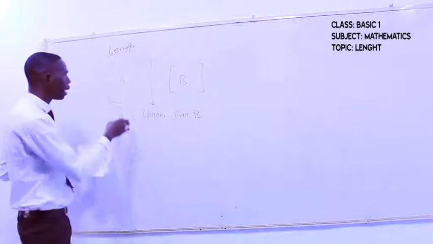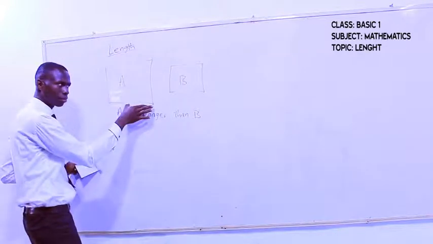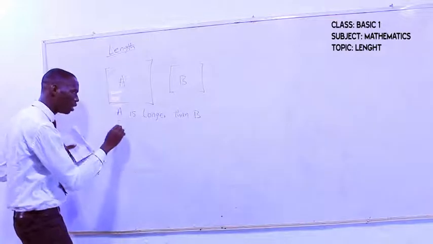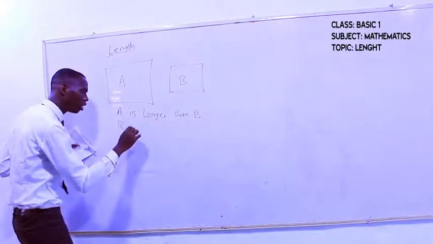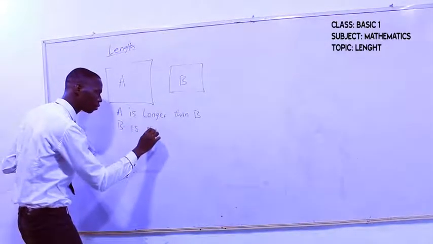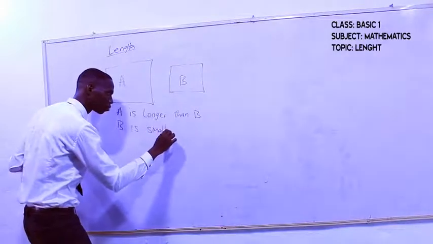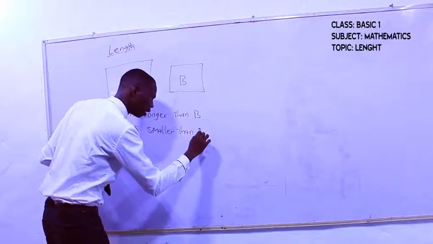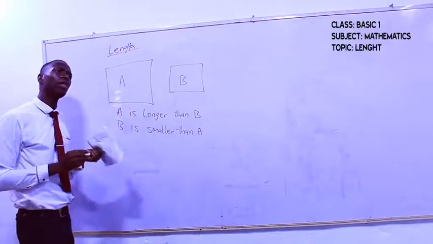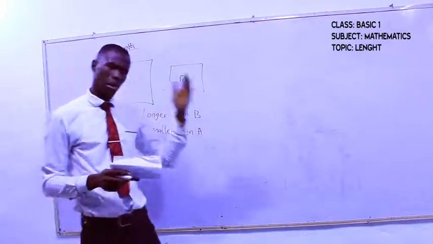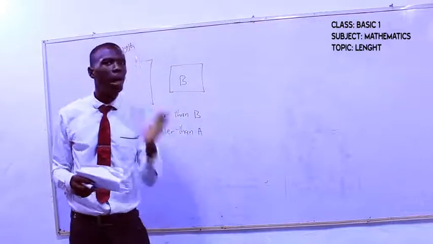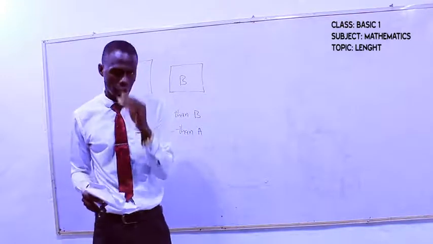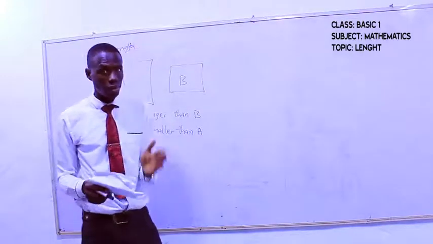So this one is longer than this, while B can be written as smaller than A. It's only in length you can say long, longer, longest, small, smaller, smallest, tall, taller, tallest.